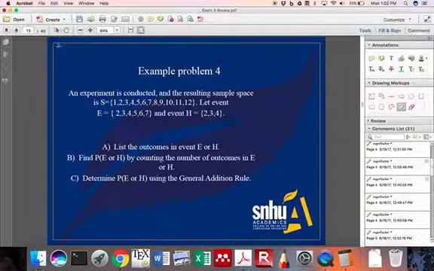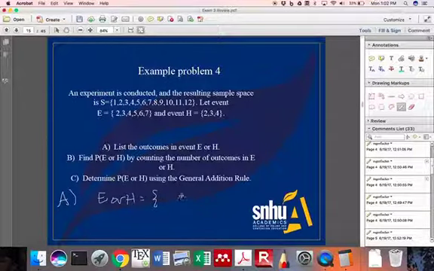All right, so let's start with part A. What are the outcomes in event E or H? So things that occur in E or things that occur in H, but we don't count repeats. So we can describe this as a set with the little squigglies.